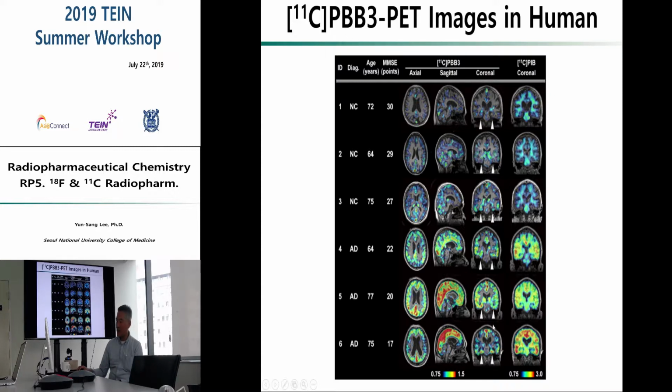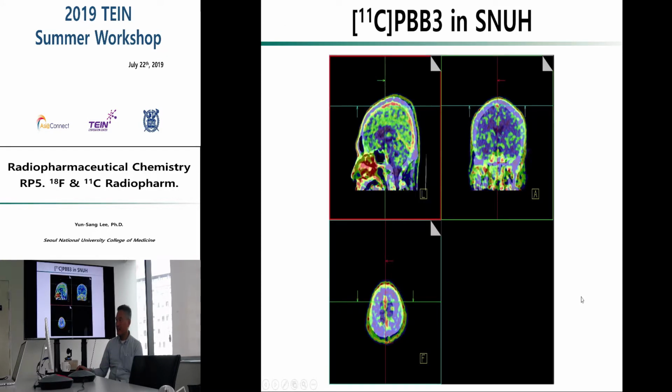They can visualize some part of tau deposition in the human brain. That is entirely different from C11 PIB imaging. Also, we set up C11 PBB3 in our hospital, and you can see the normal imaging here.